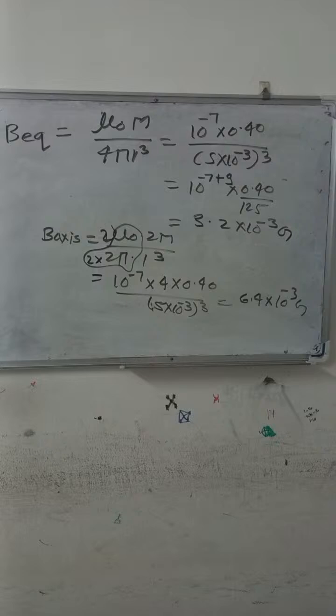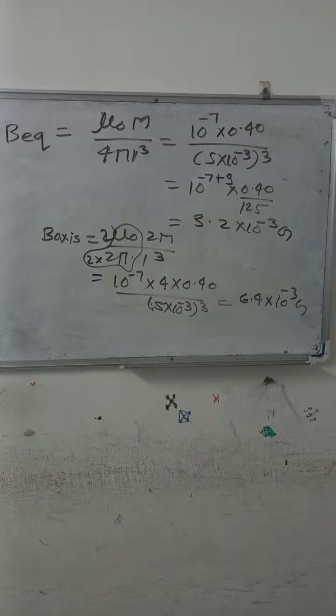Okay, so I'll repeat. A closely wound solenoid of 800 turns and area of cross section 2.5 into 10 raised to minus 4 meter square carries a current of 3.0 ampere. Explain the sense in which the solenoid acts like a bar magnet. What is its associated magnetic moment?